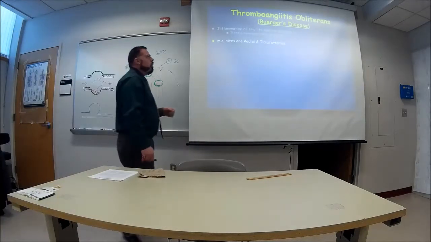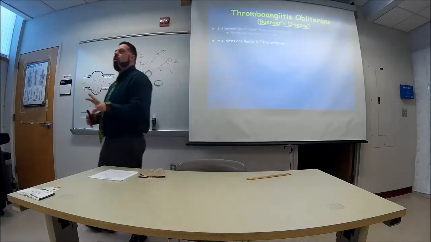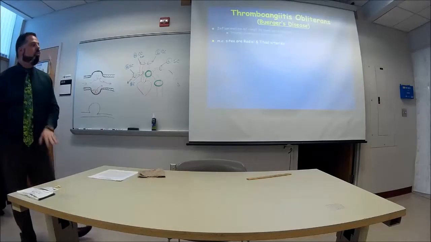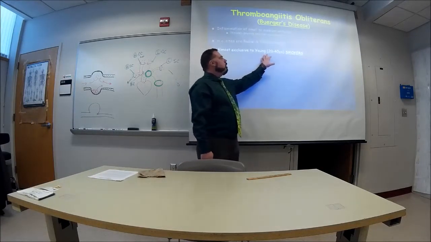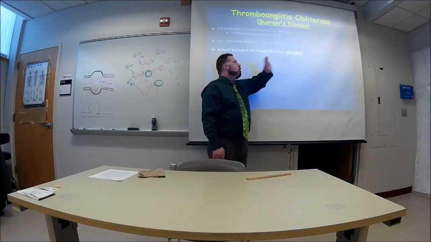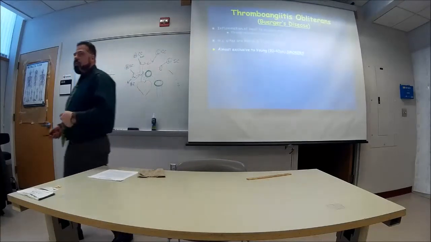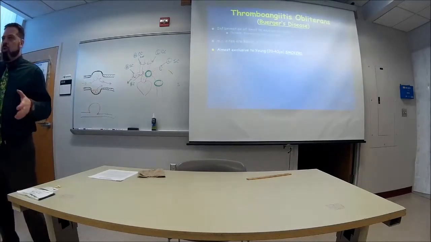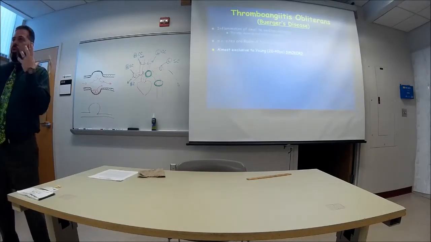Most common sites are the radial and tibial arteries, which means there's less blood flow going to the hands. It's almost exclusive to young people, 20 to 40 years old, and smokers. Smokers get this, okay? Not all smokers, obviously, but again, their fingers can turn blue.